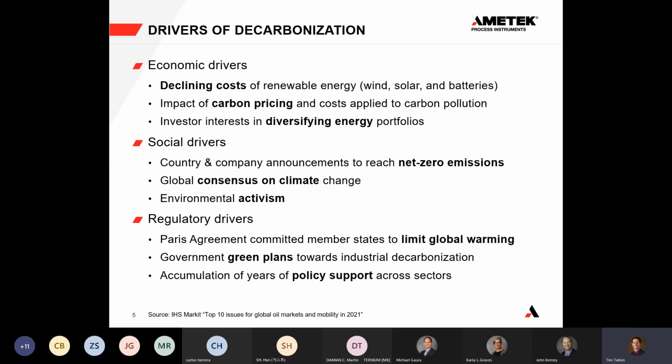All of these things pushing forward the promotion of decarbonization and moving industry in that direction. And from the regulatory perspective, there are a number of policies and green plans across governments that are driving this. And one in particular is the Paris Agreement, which committed member states across the world to limit global warming by several degrees. So all of these paint the picture and provide the background for driving decarbonization.